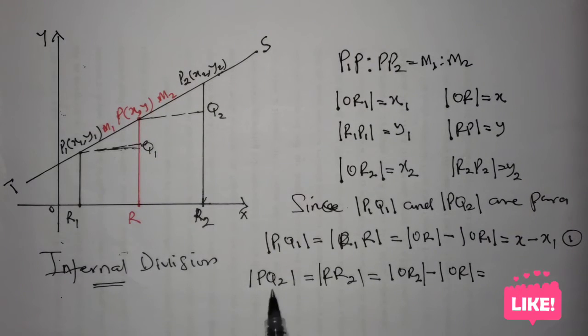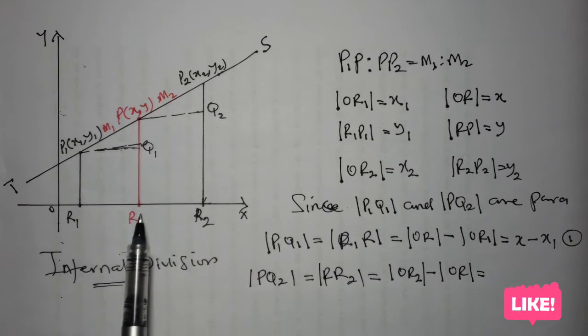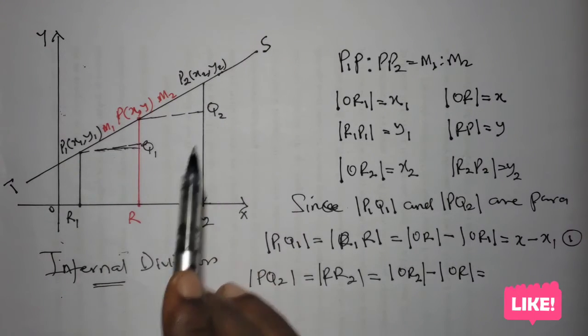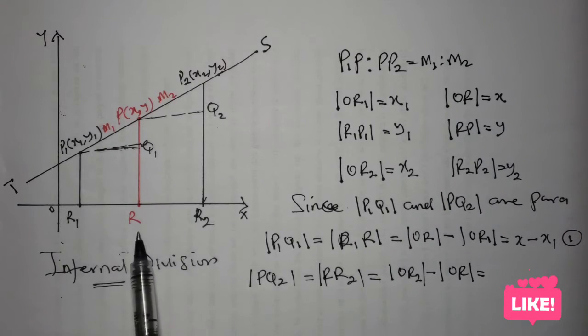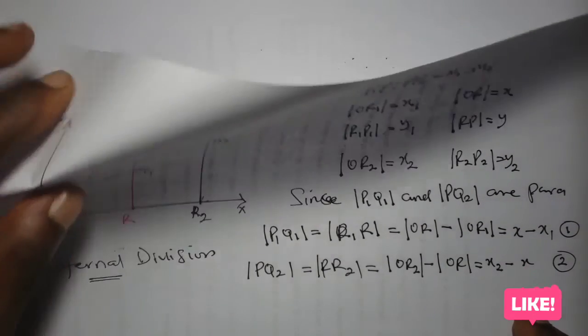Let's look at it again. Line PQ2, this other line here, is equal to line RR2. Of course, it's a rectangle, so the opposite sides are equal. So line OR2 from here is x2, minus line OR from here is x, and this is my second equation.